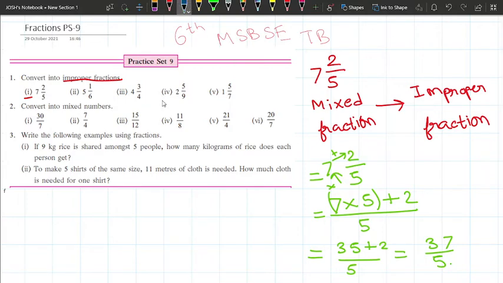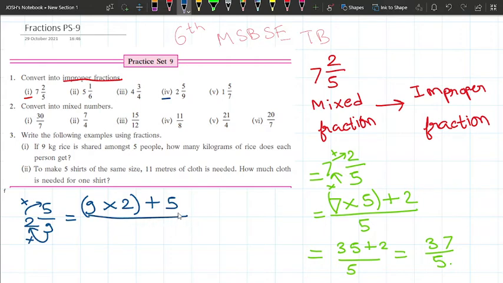Let's have a look at the fourth question. So again, first what will you do is multiply this 9 by 2 and then add 5 to the product. So 2 multiplied by 9, add 5.